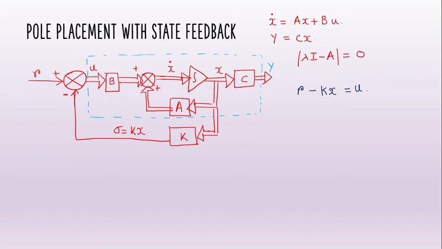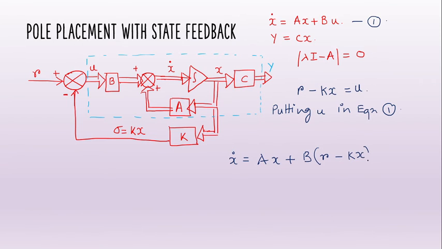If I put this u in equation 1, what am I getting? x dot equal to Ax plus B into (R minus Kx).